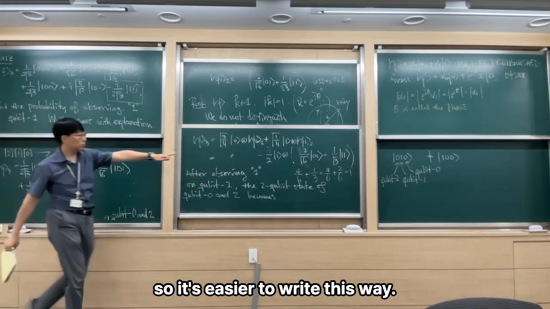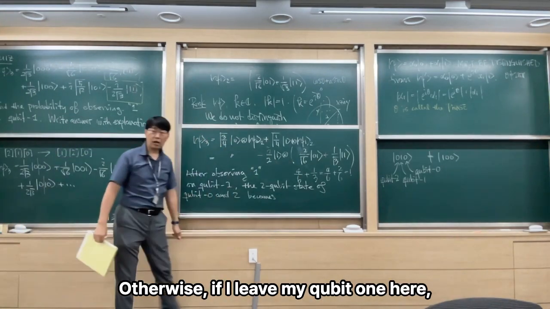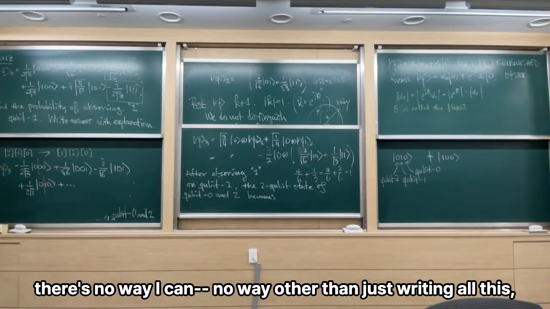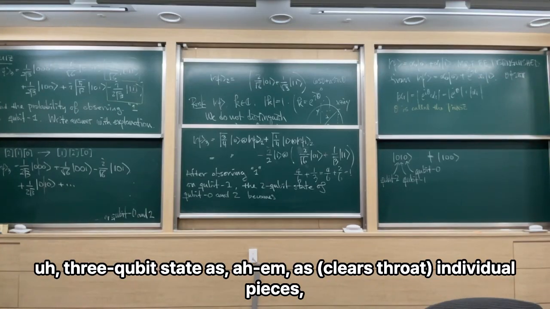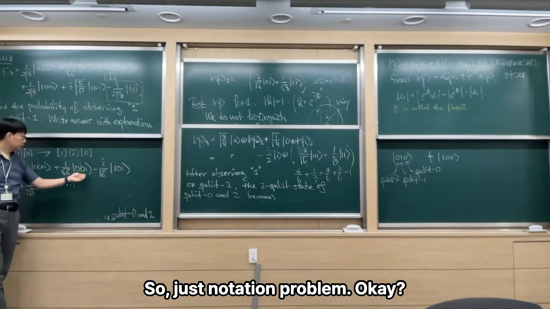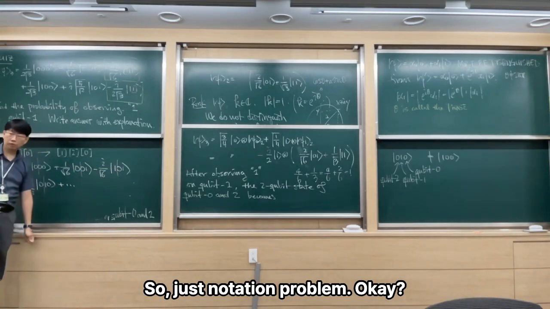So it's easier to write it this way. Otherwise, if I leave my qubit 1 here, there's no way other than writing all these 3 qubit states as individual pieces rather than as a single tensor product. So it's just a notation problem.